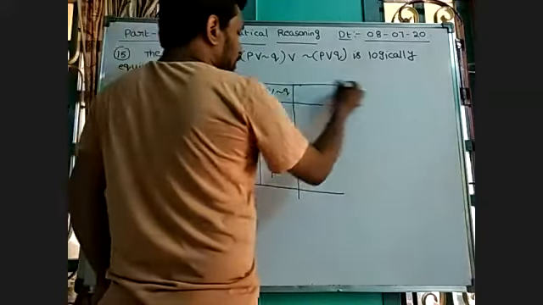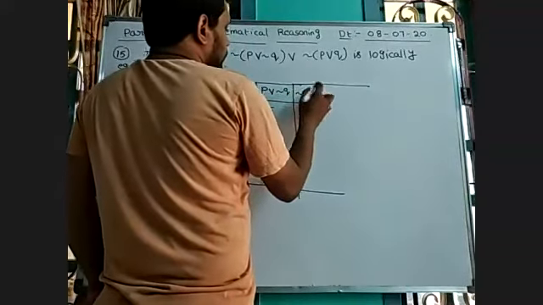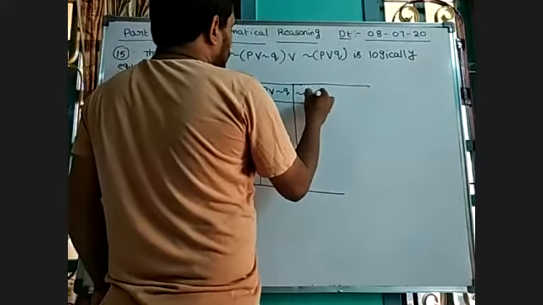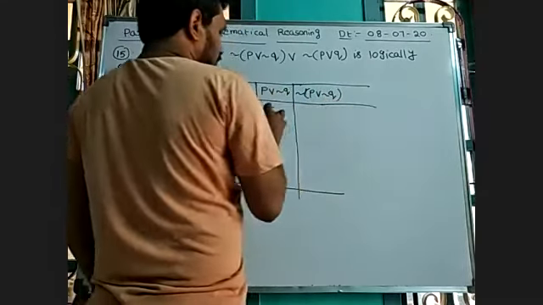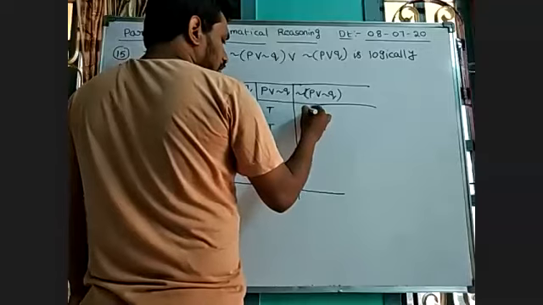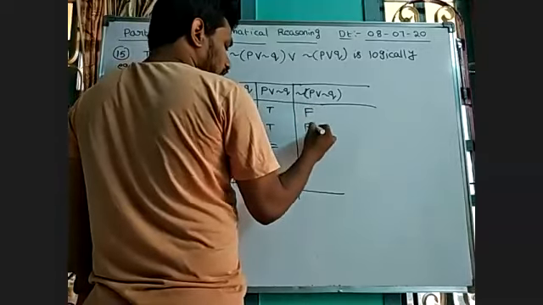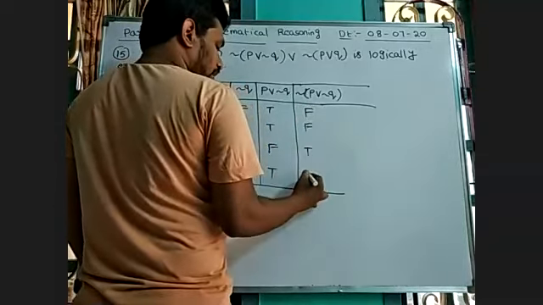You take the negation of P or Q. The negation for this, what do we write? False, false, true, false.